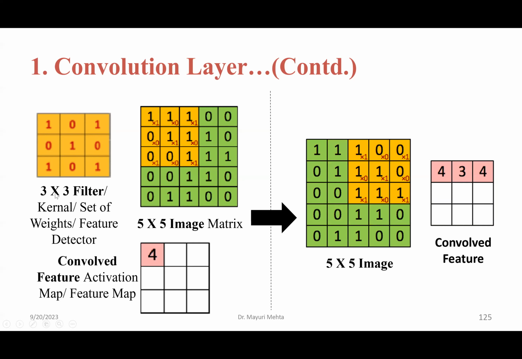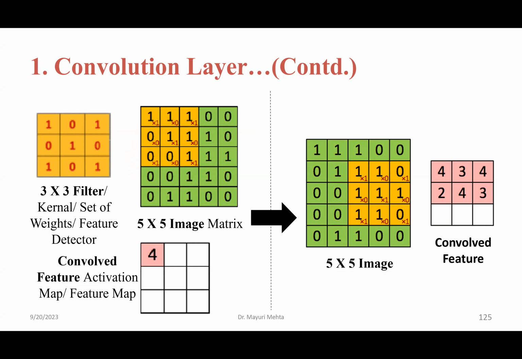These are the different names: filter, kernel, set of weights, feature detector. These words are used interchangeably for this weight matrix. So we are using a 3 cross 3 weight matrix to process this image, which is represented by pixel values.